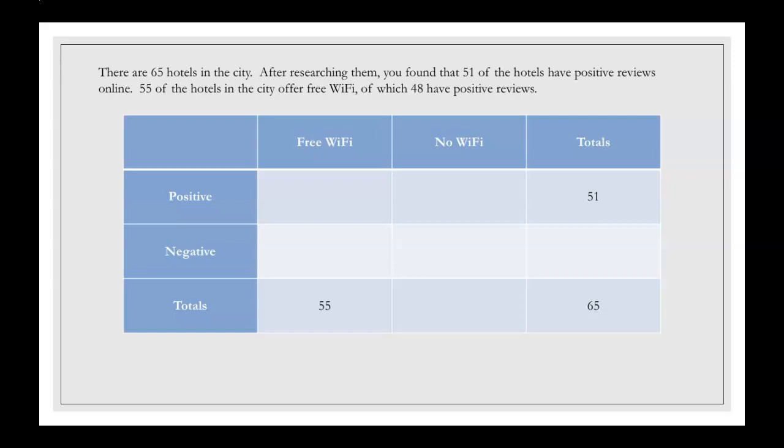Of which 48 have positive reviews. So of those 55 that offer free Wi-Fi, 48 of them have positive reviews. So we put that 48 at the intersection of positive and free Wi-Fi.